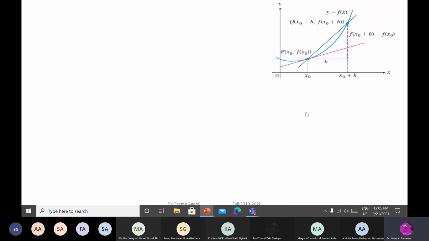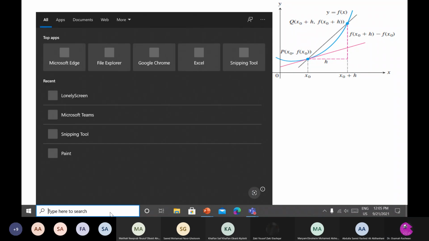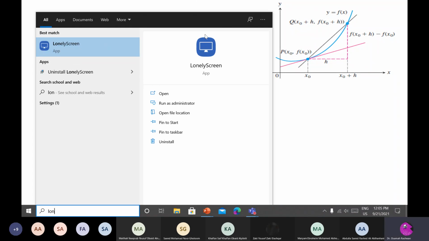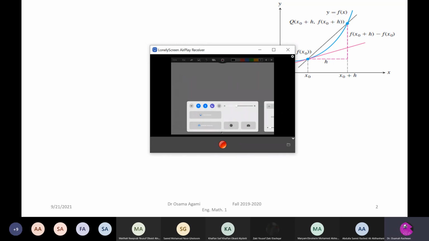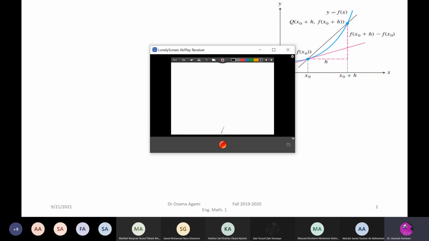What is the slope? As you remember, what is the slope when you have 2 points? Just to revise. If you have 2 points, what is the formula for the slope? If you have 2 points, A, x1 and y1, and you have another point B, x2 and y2.